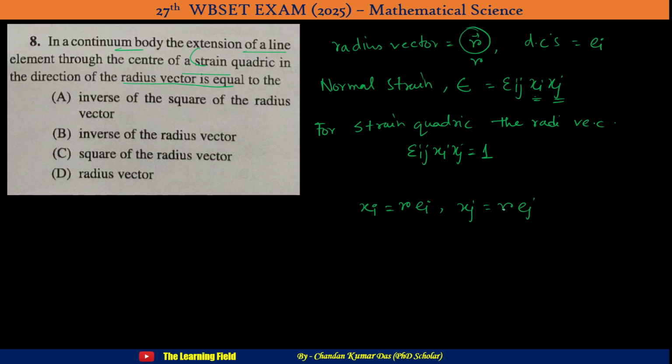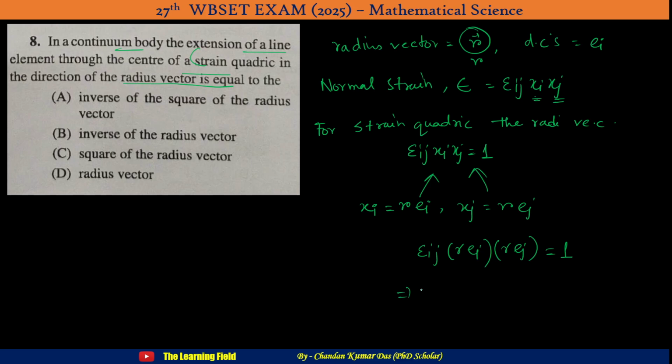Fine. So now we put this value into this equation. So we get epsilon ij into r e_i into r e_j, equal to 1.